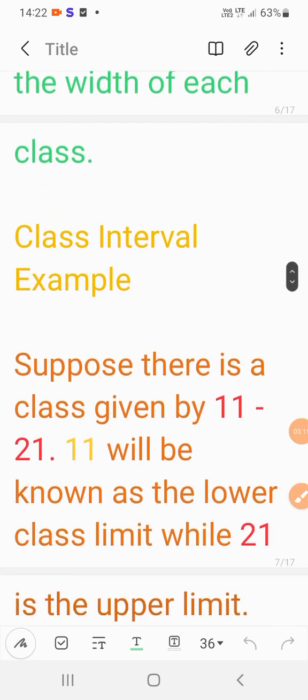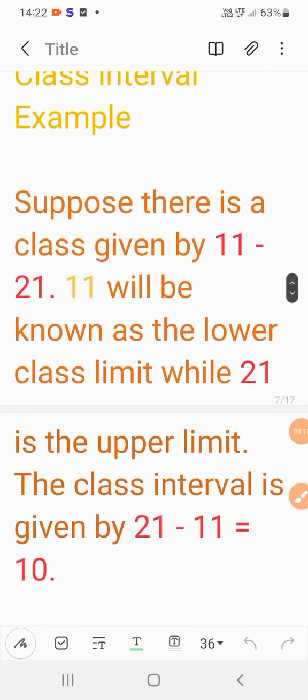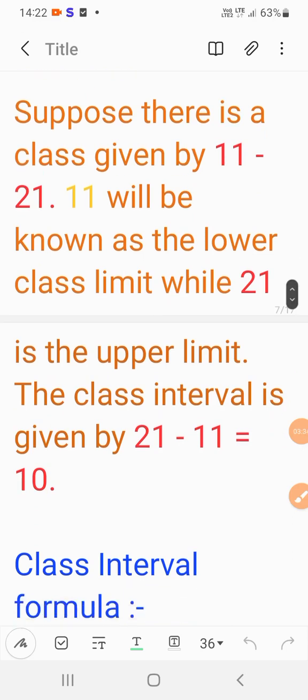For example, there is an example provided of class interval. Suppose there is a class given by 11 to 21. So there is a class which is 11 to 21, and 11 will be known as the lower class limit, while 21 is the upper limit.